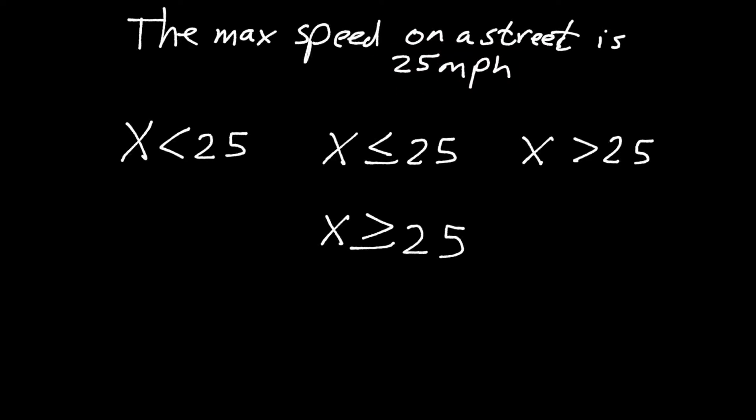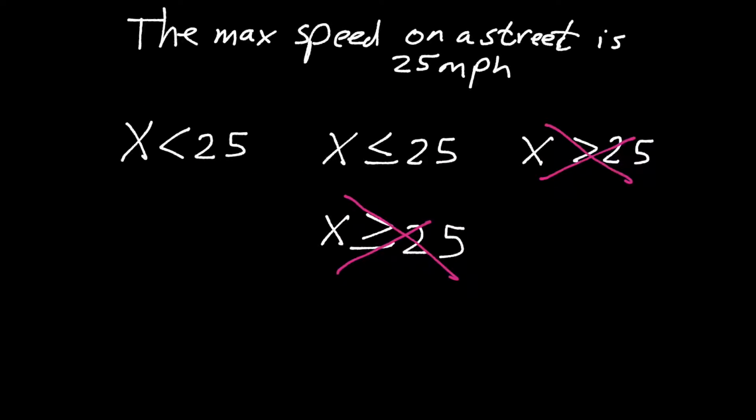So that is automatically going to get rid of the greater than or equal to and just the greater than symbols, because these say that 25 is either the exact smallest or we're always going to be bigger than 25. And that's not what our problem says. Our problem says the max speed. So we have these two right here.